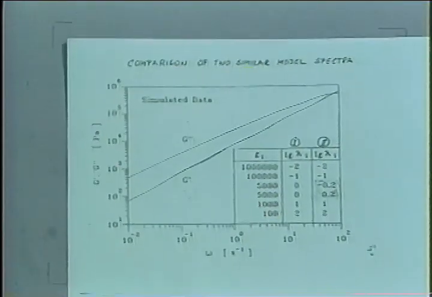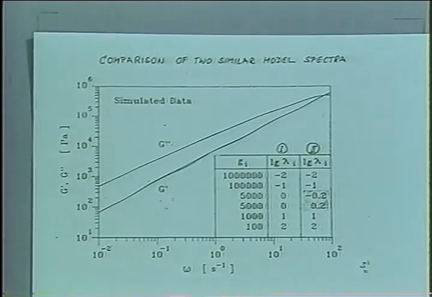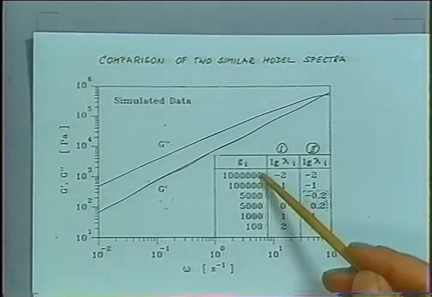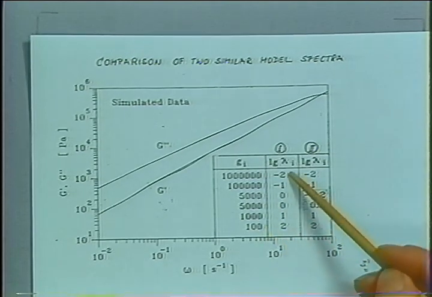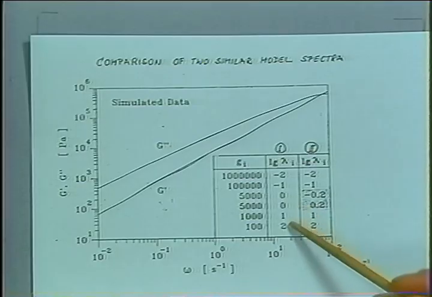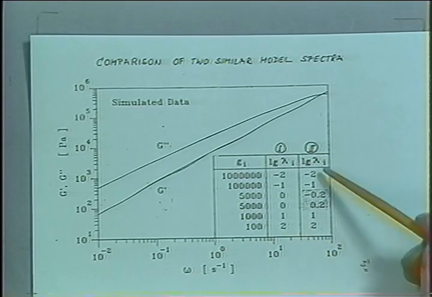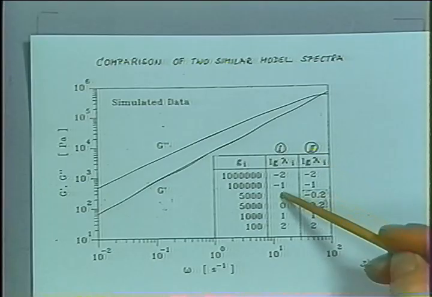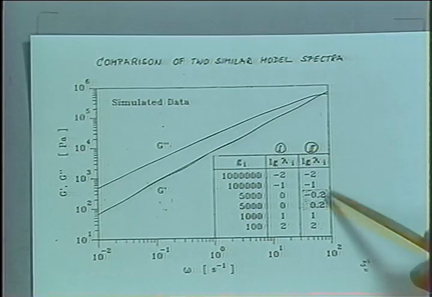Now let me give you quickly two examples. One example is using a spectrum here where the G_i's are weighted as listed here, and the lambda_i's are spaced just one per decade, very coarse spacing. And in a second spectrum, we take everything the same, but the center mode is split into a mode which is a little shorter and a little longer.